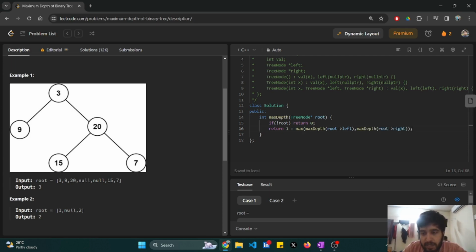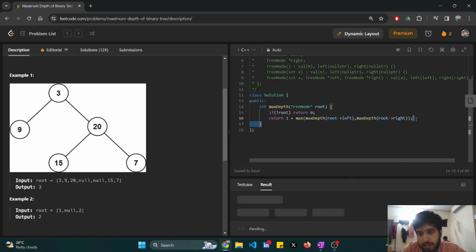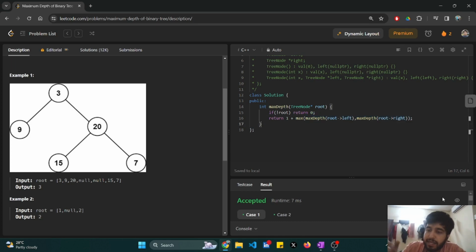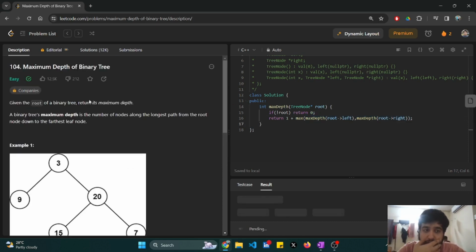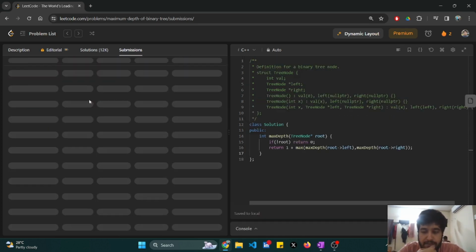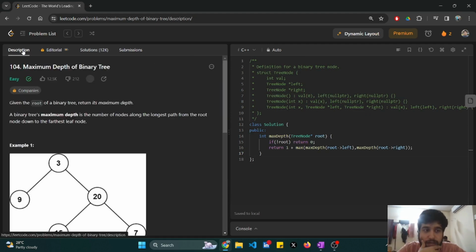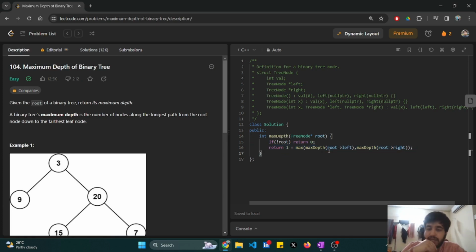Okay, if I try to run it, this call would do it again and again recursively. If I try to submit, so it is submitted. This call would be doing the thing recursively.